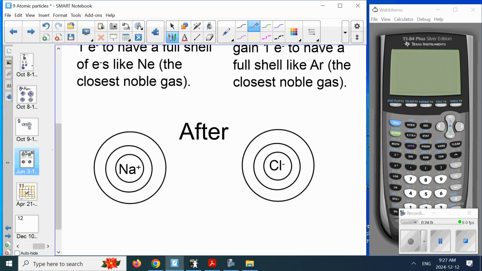Sodium, 1 less, 10 electrons. So it's going to have all of those inner electrons, and I'm just going to double up straight. That's my 10. The 11th one, I just sit here and I'll put it in later. Chlorine, on the other hand, started with 17 electrons, and I'll make the diagram that we had before.